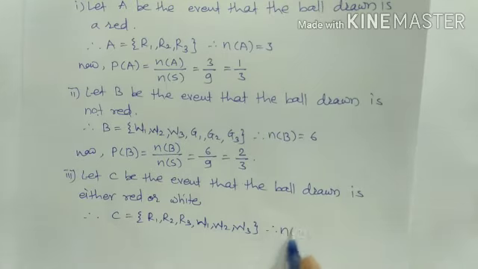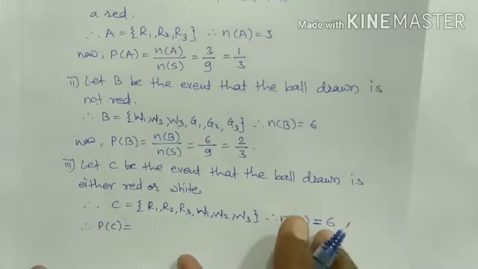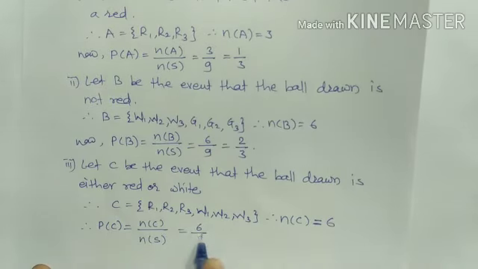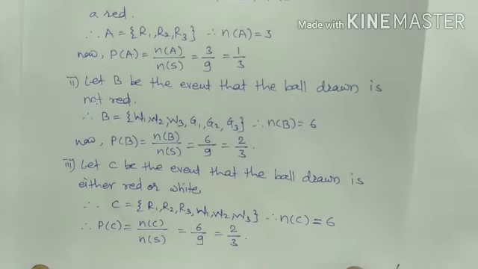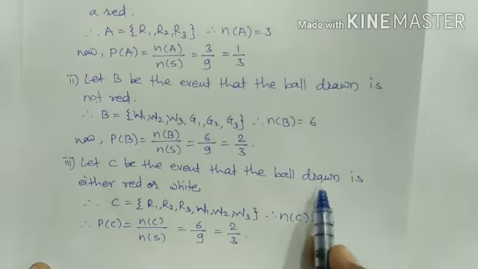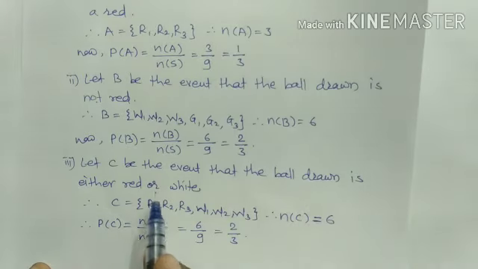Therefore the number of sample points in this event C is 6. Now the probability of event C equals number of C upon number of S, that is 6 upon 9 equals 2 upon 3, which is the probability of the event that the ball drawn is either red or white. Here three events are given.